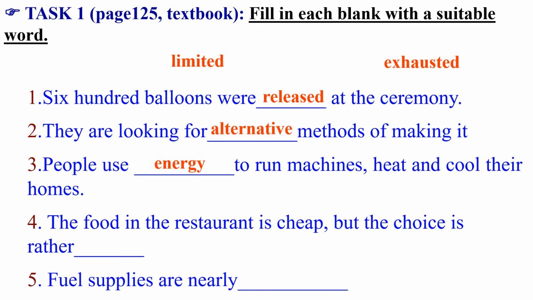People use energy to run machines, heat, and cool their homes. 4, limited. The food in the restaurant is cheap, but the choice is rather limited. 5, exhausted. Fuel supplies are nearly exhausted. Congratulations to the students who have all 5 correct answers.